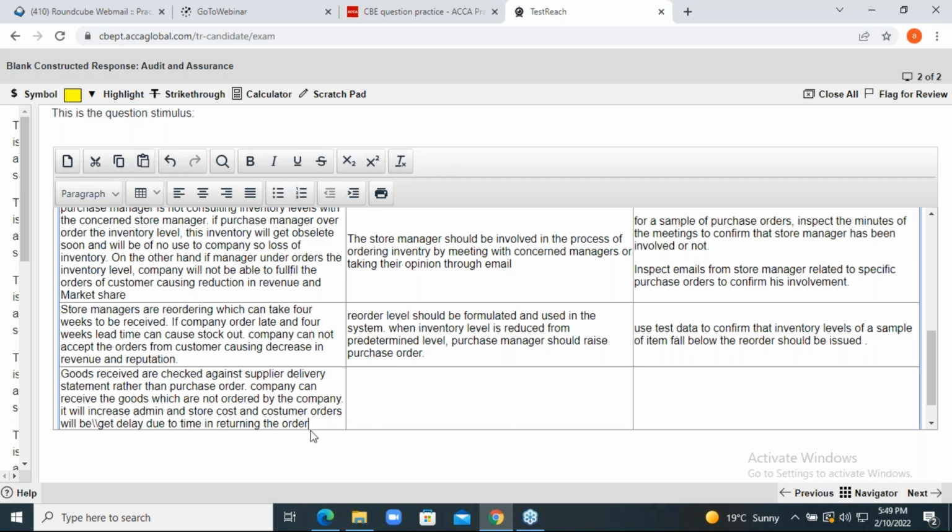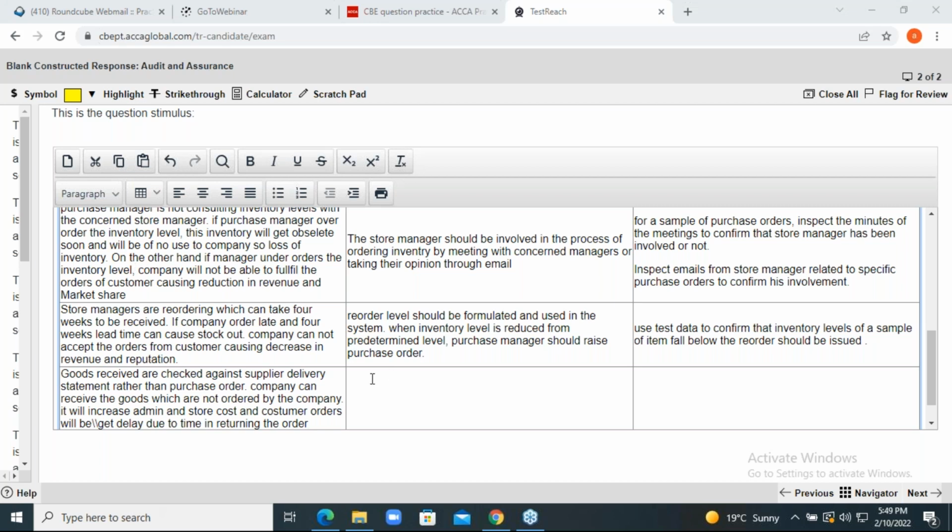So all this process will take time. Consequently, once again, we have to suffer as a reputation, as a financial, and as a non-financial issue. So these are some of the important control deficiencies we can highlight.